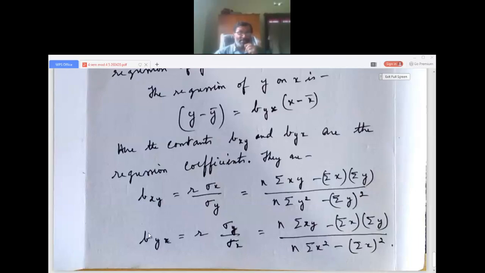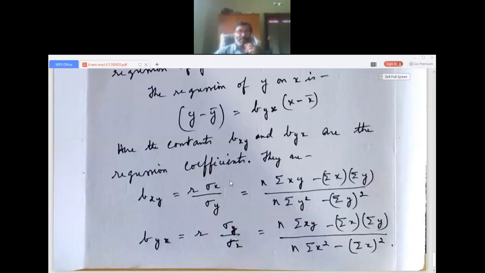Here byx equals r into sigma y by sigma x, that is equal to n into sigma xy minus sigma x into sigma y divided by n sigma x squared minus sigma x whole squared. So the very important regression coefficients are bxy equals r into sigma x by sigma y, and byx equals r into sigma y by sigma x.